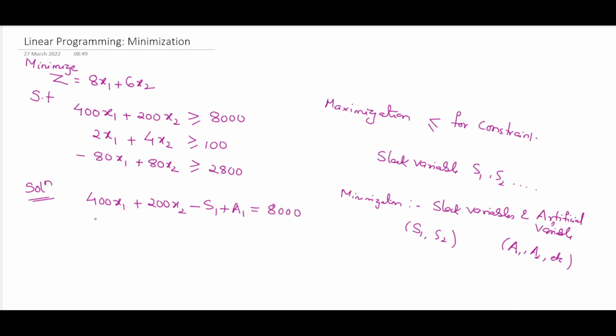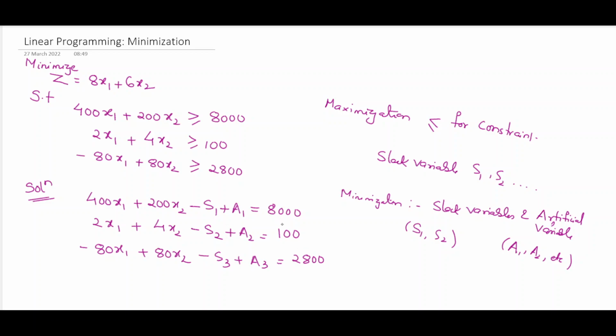Similarly, the second inequation will be converted into the equation 2x1 plus 4x2 minus s2 plus a2 is equal to 1000. Similarly, the third equation will be 80x1 plus 80x2 minus s3 plus a3 is equal to 2800.